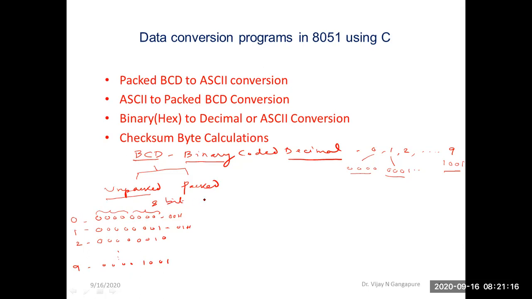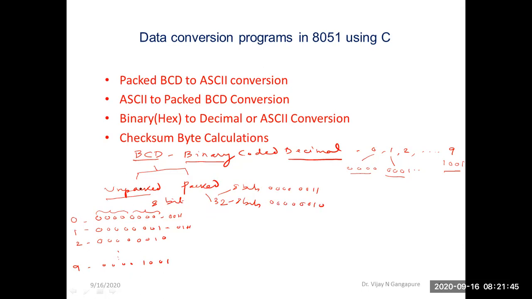Now in case of packed, suppose I want to represent 32 by using unpacked. For 3 we will require 8 bits, and for 2 we will require 8 bits. 3 can be represented as 00000011, and 2 can be represented as 00000010.